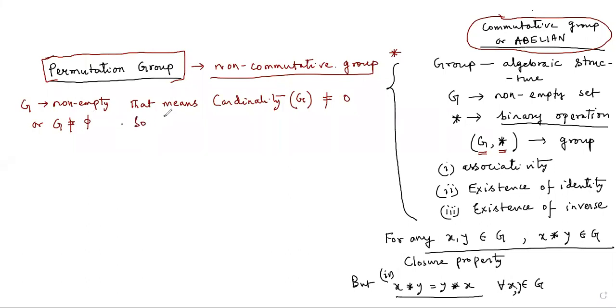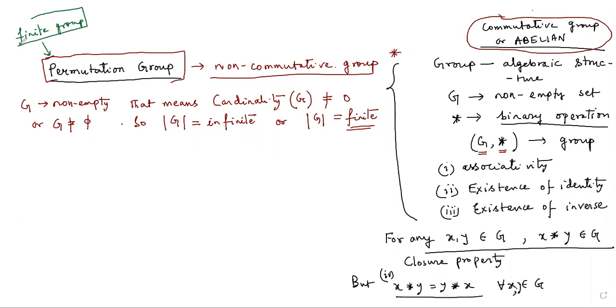So for example, two things may happen in this particular case. One is the cardinality of G is infinite, G contains infinitely many elements, or G can be finite. These two things can happen with respect to the cardinality of the non-empty set capital G. Permutation group is a kind of group which is a finite group.